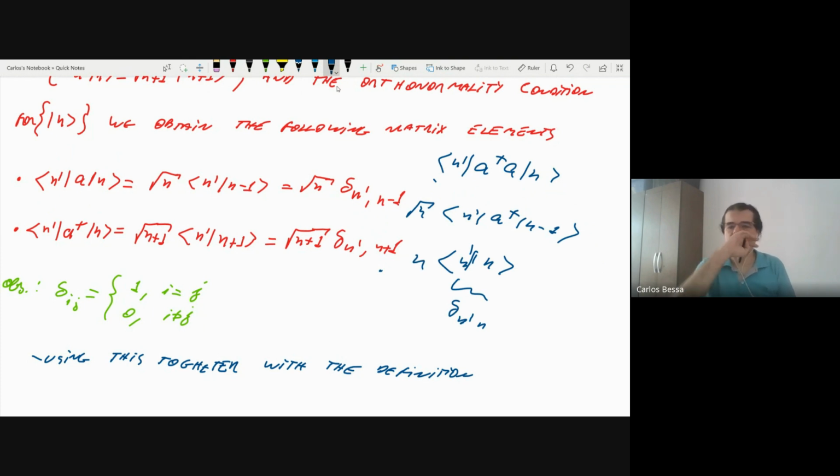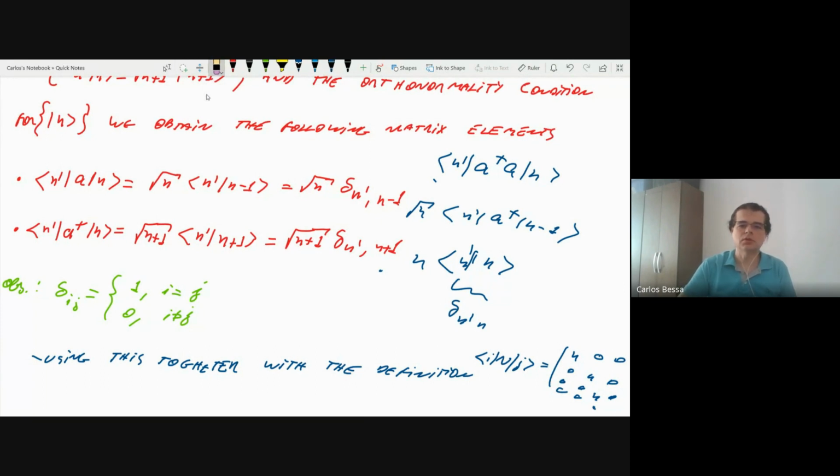That's the number operator. The matrix element ij for this guy will be n and outside 0. You can check this after, okay?